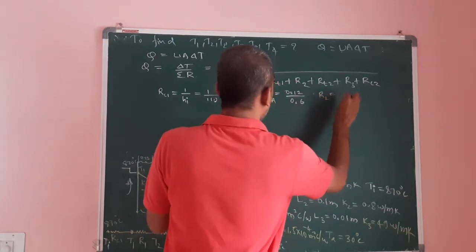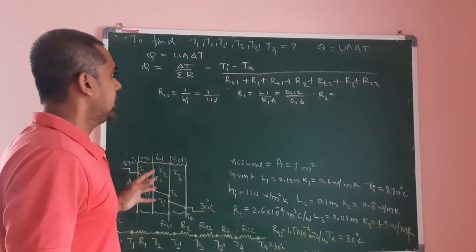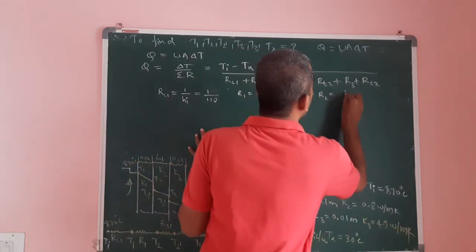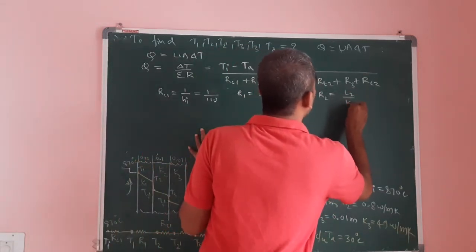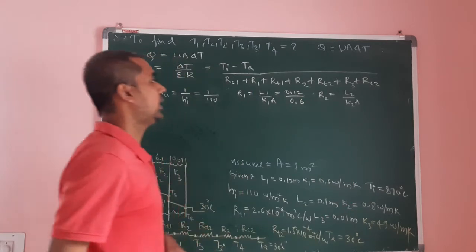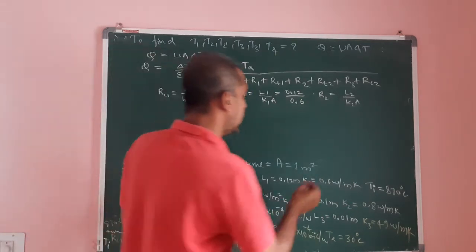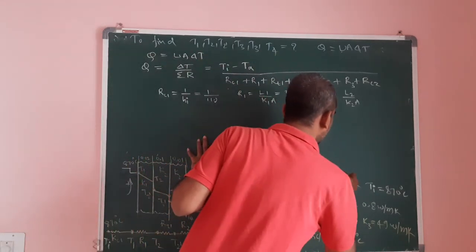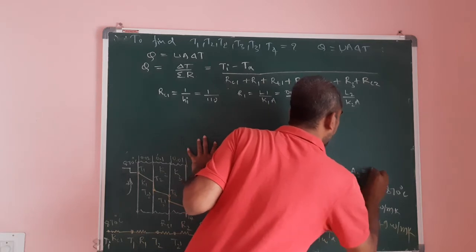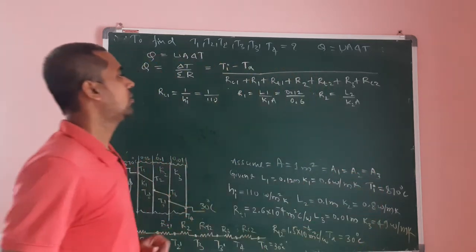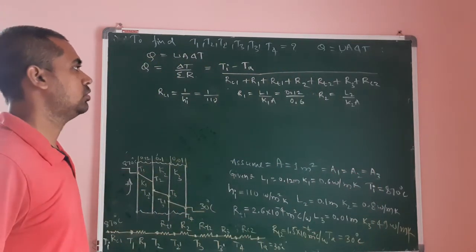is equal to again L2 divided by K2 A2, but we have taken A equal to A1 equal to A2 equal to A3. All areas we have assumed as 1.